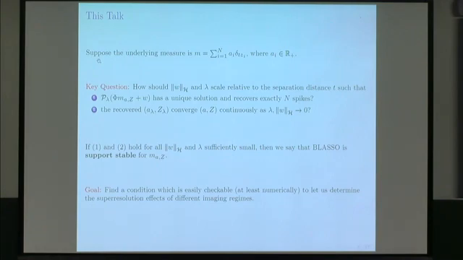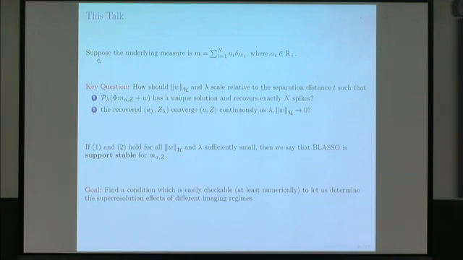And moreover, what we want is that the amplitudes and the positions we recover should converge to the true positions and true amplitudes in a continuous way as our noise and regularization parameter go to 0. And when we're able to have this, I'll say that the problem is support stable for this particular measure.